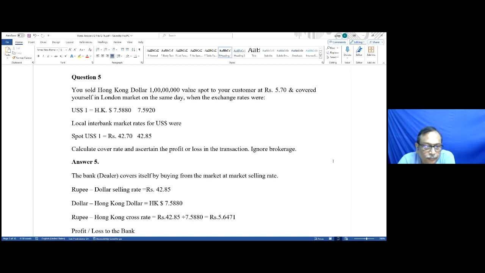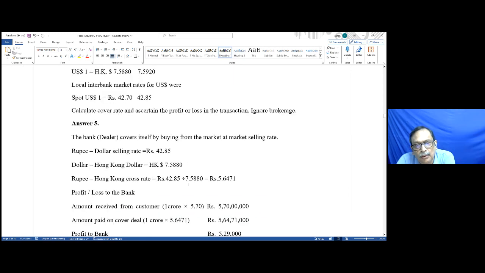That is the ask. Dollar to Hong Kong dollar, it is HK dollar 7.5880. Okay, that is the bid rate.